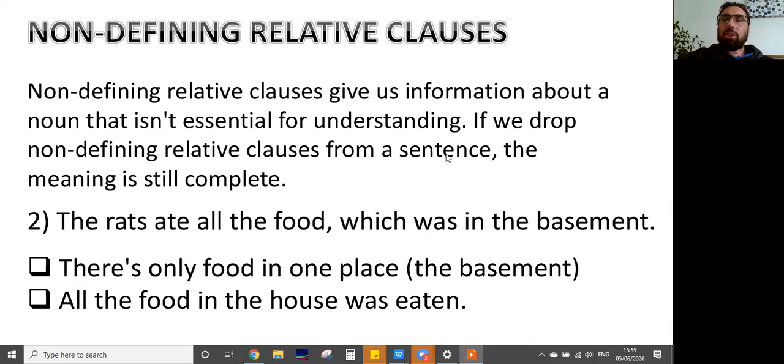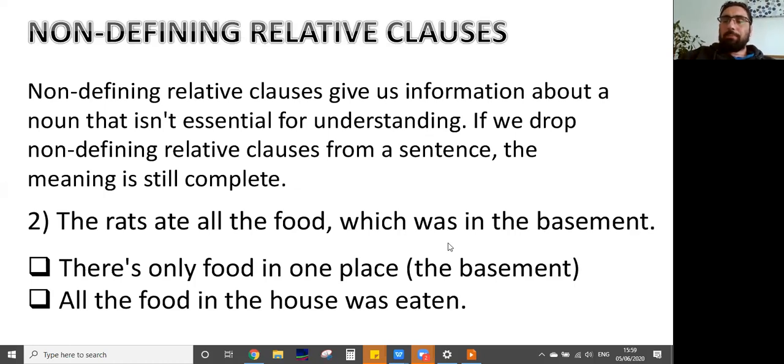Now, in the second one, we have a non-defining relative clause. Non-defining relative clauses give us information about a noun that isn't essential. The information isn't essential for understanding. If we drop it, it has no effect. So here, the rats ate all the food, so they finished all of the food, and the information here is extra.